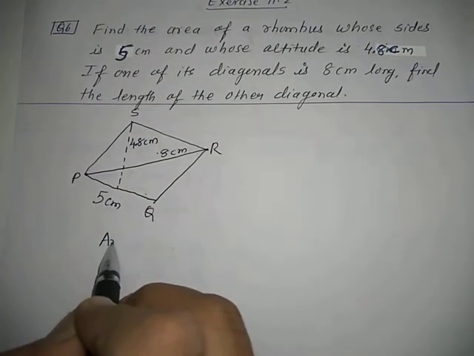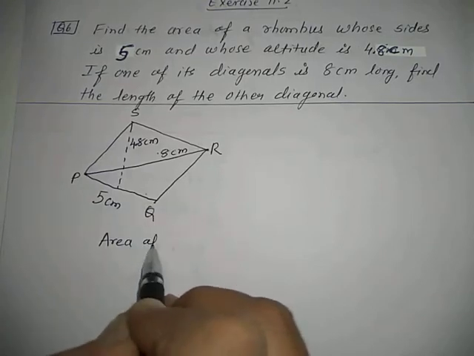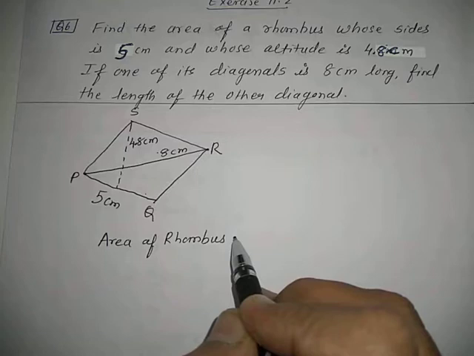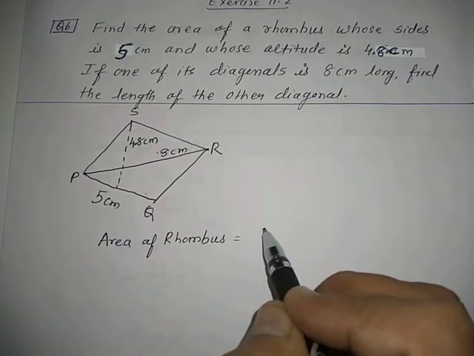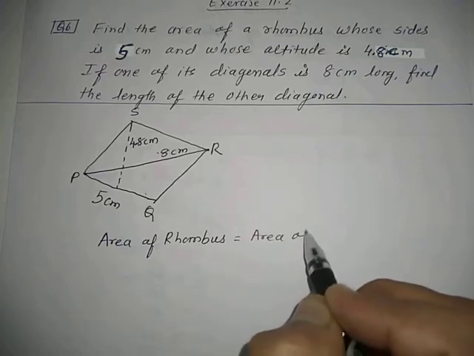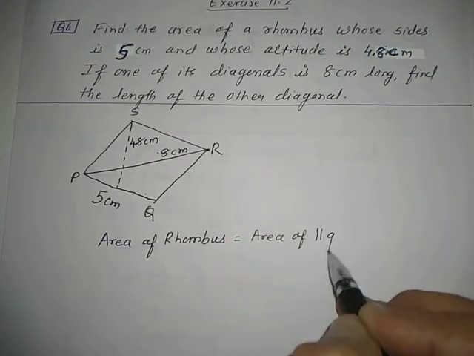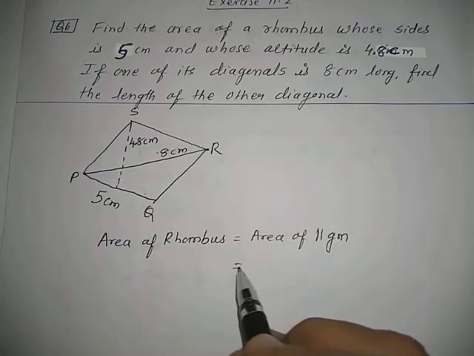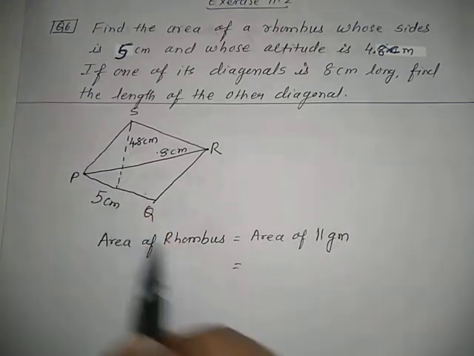So first of all, find the area of the rhombus using the formula. We know that the area of a rhombus is equal to the area of a parallelogram. Okay, so the area of a parallelogram we can use, because base and height, that is altitude, is given.